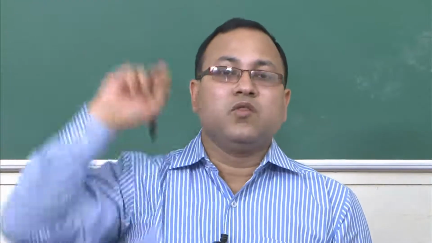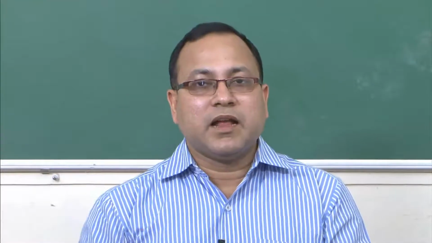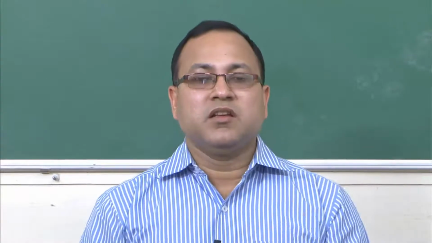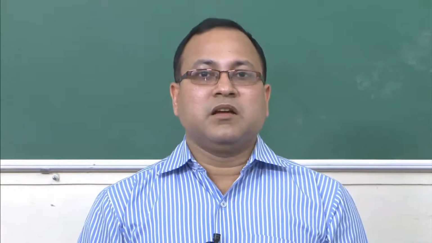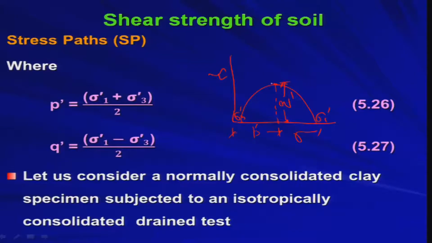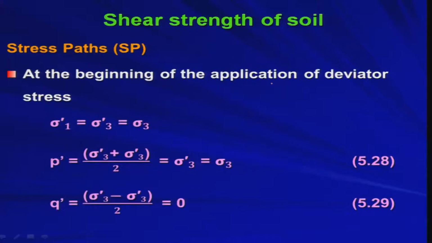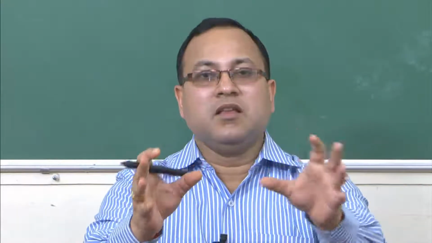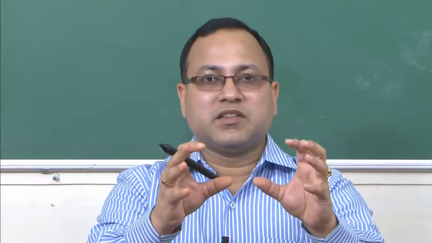So, you will be getting only one line, which is inclined at an angle phi, the angle of internal friction, with the sigma axis. And this is the isotropically consolidated drained test we are considering. I hope you still recall, there are two stages of the triaxial test.